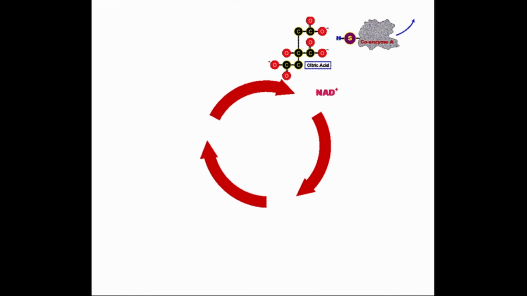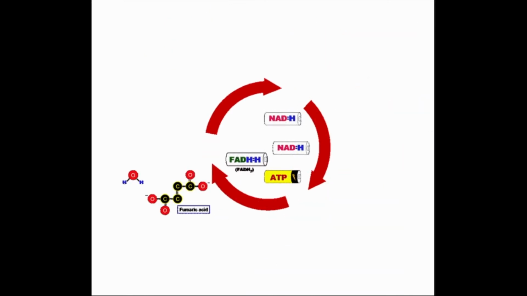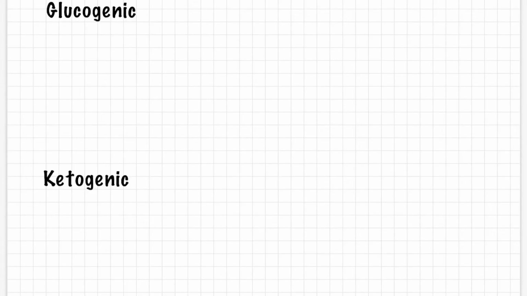Each of them has a catabolic pathway that at the end converts to just 6 principal products that enter the Krebs cycle. Depending on their metabolic phase, amino acids are referred to as glucogenic and ketogenic.